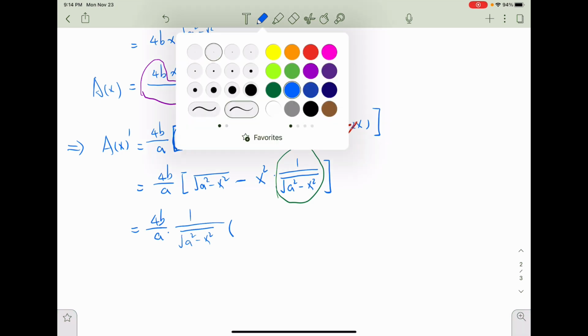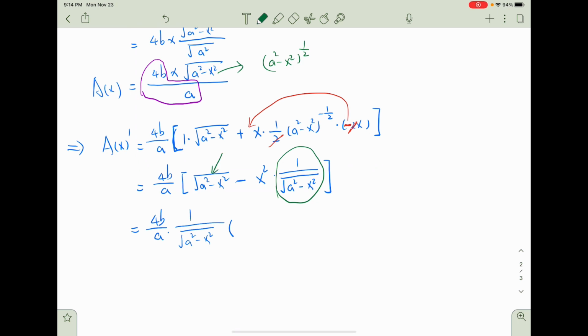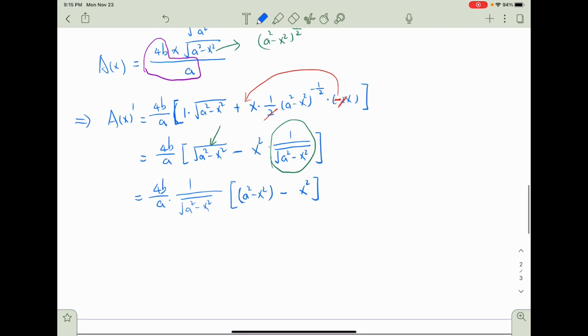So this term here turns into just a squared minus x squared, since you are dividing this by 1 over this square root. Okay, so that is minus x squared. Then simplify it further. So we have a squared minus 2x squared, right?